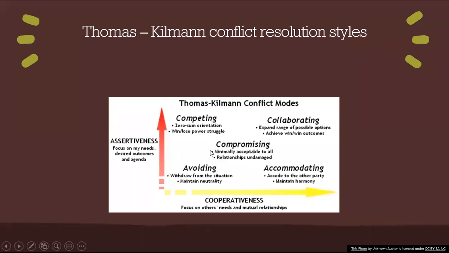Compromising means split the difference. The party here compromises on the benefit. They get some and give some. And finally, collaborating is the mode of conflict resolution that achieves a win-win situation for both parties, like the integrative approach.